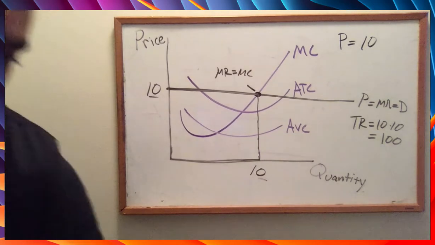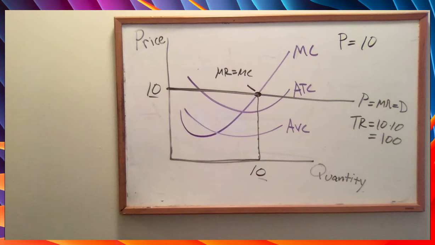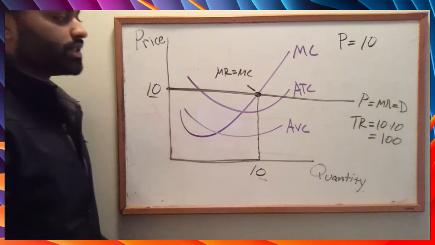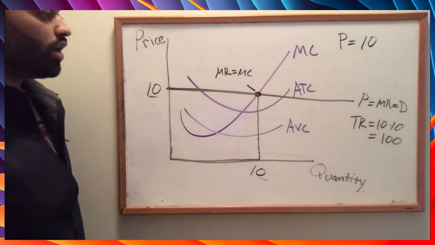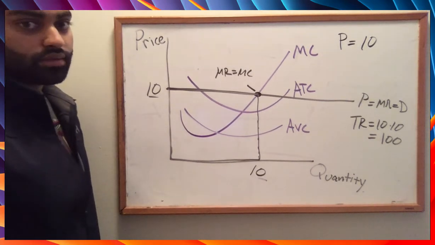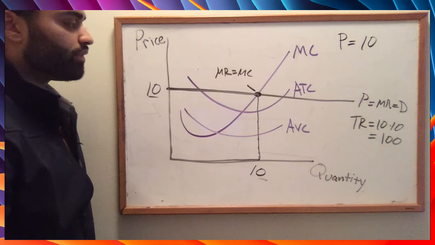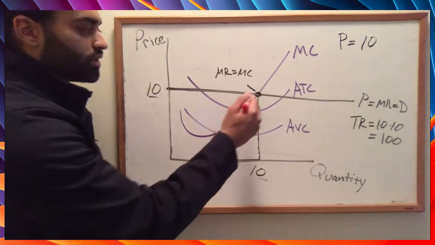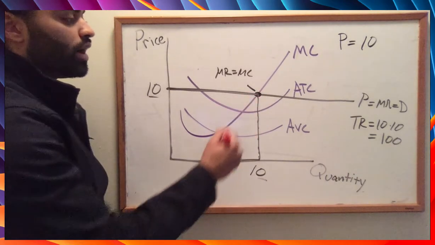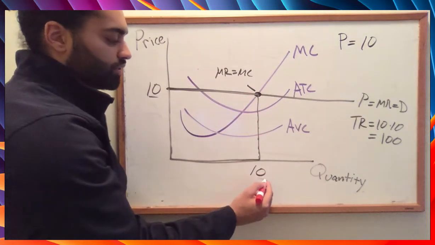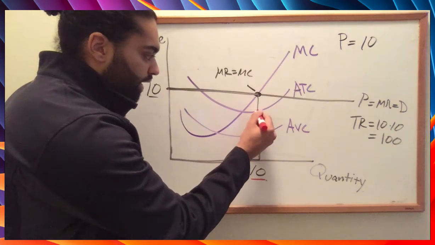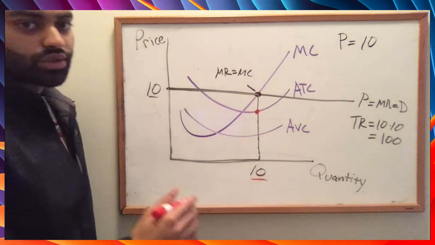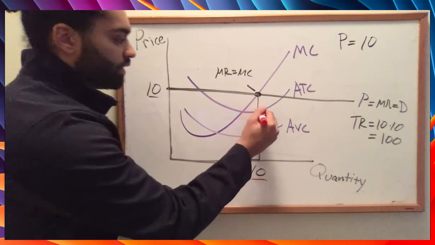Now, let me get another color. Another reason why this profit maximizing point is so important is because we can determine our total cost as well, just by this alone. So wherever this point intersects, our profit maximizing condition, if we produce 10 units to maximize our profit, that's corresponding with this point right here. This is telling us our average total cost for producing 10 units.